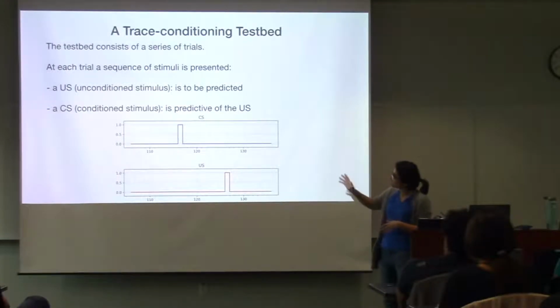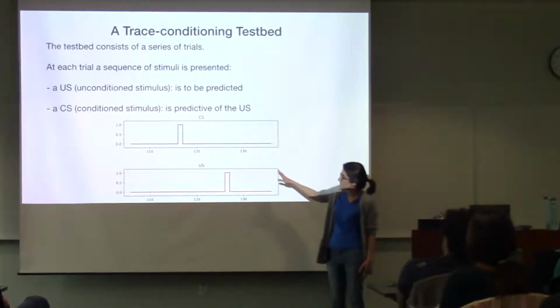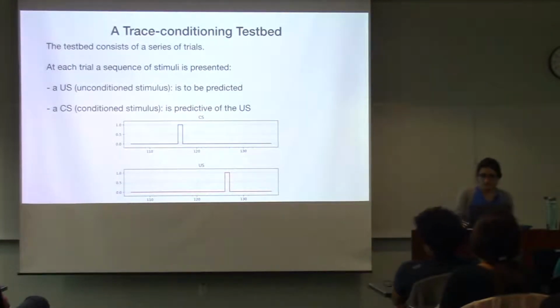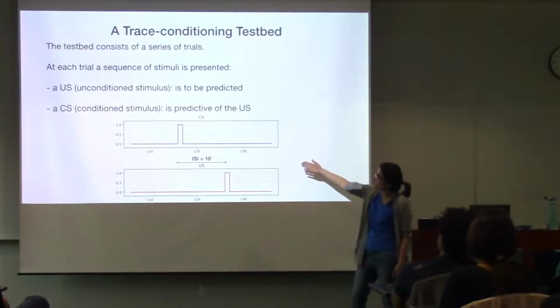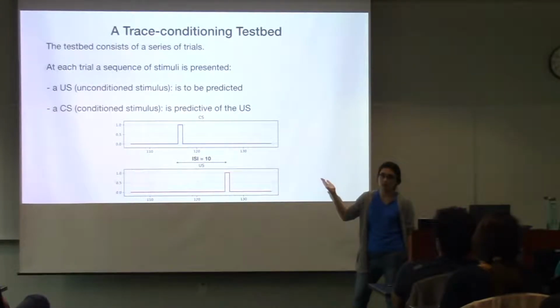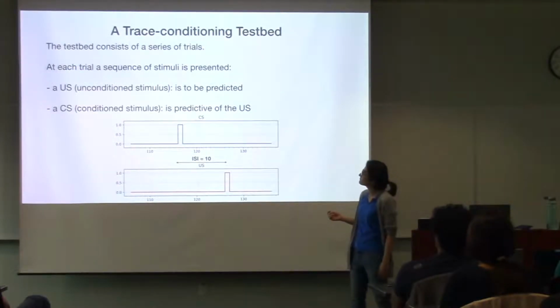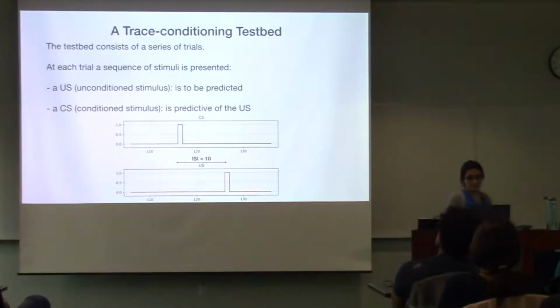Here you can see that the CS happens, and after some time the US happens, and there is an interval between the CS and US. The length of the interval is called the ISI, for interstimulus interval, and in this case it's 10.